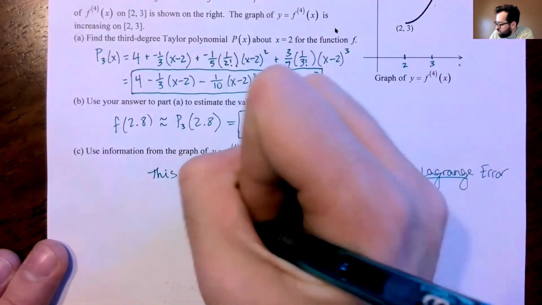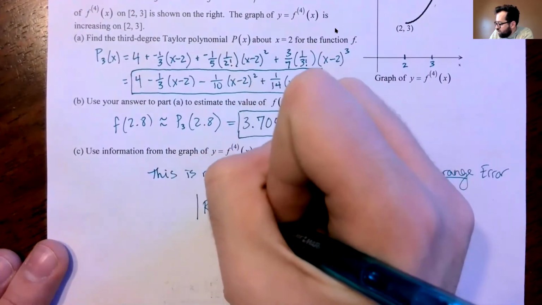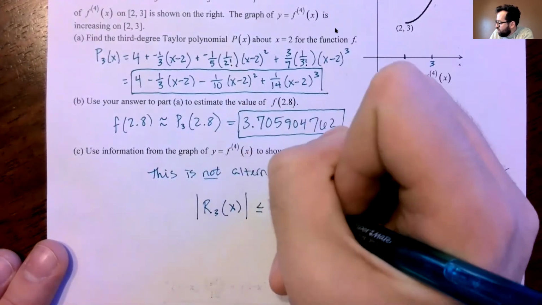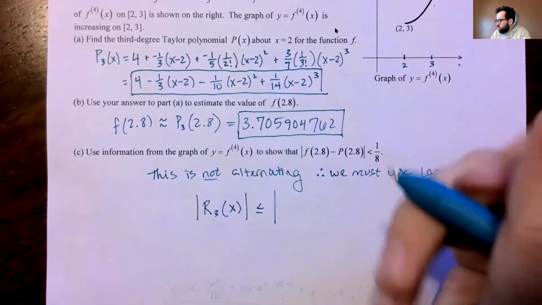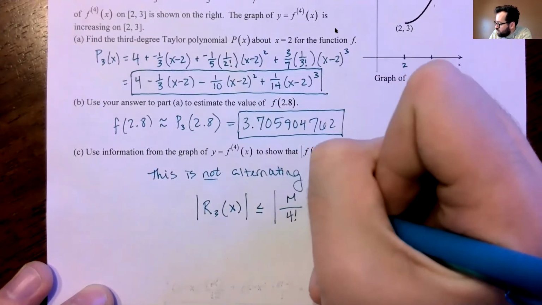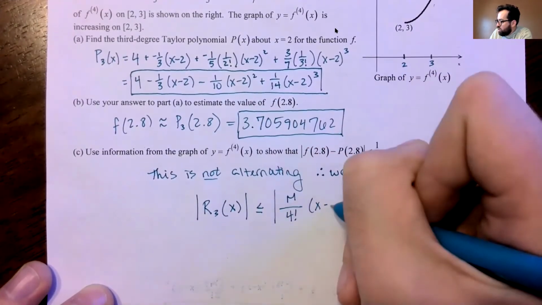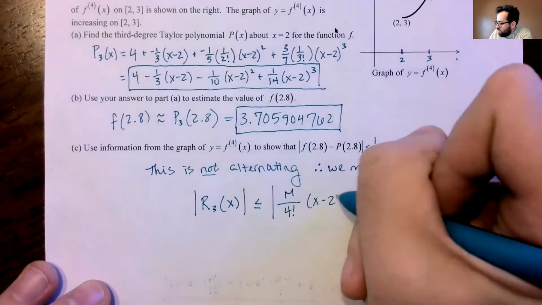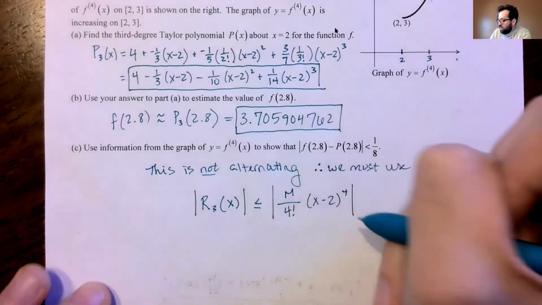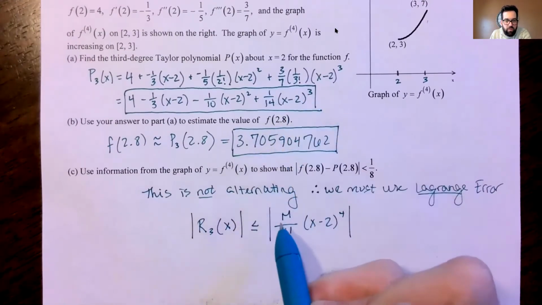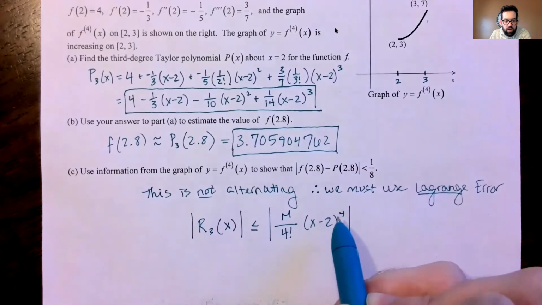So we're going to have to do the third remainder, which is going to have to be less than or equal to some M over 4 factorial times x minus 2, because we're centered at 2, to the 4th.